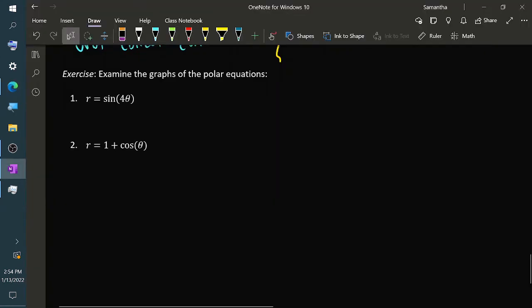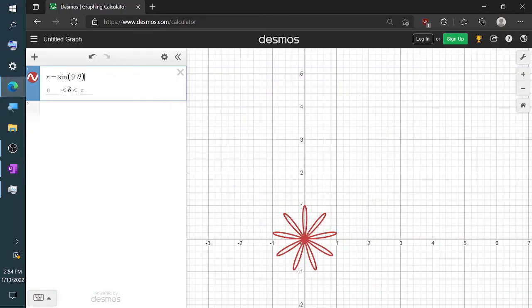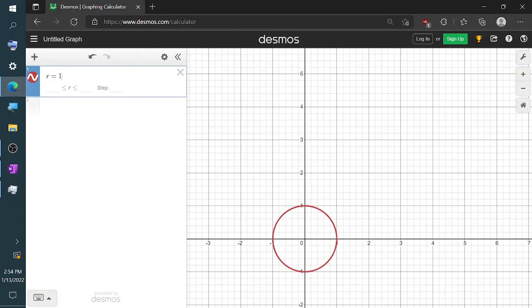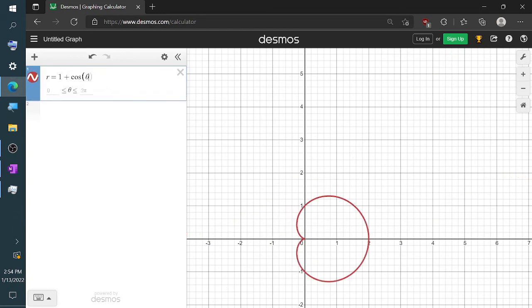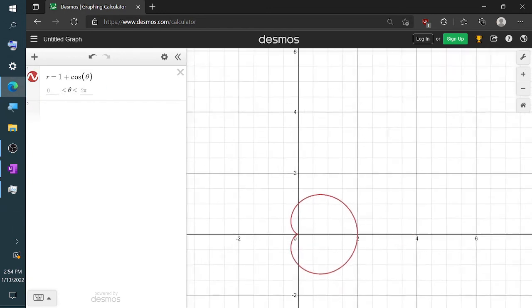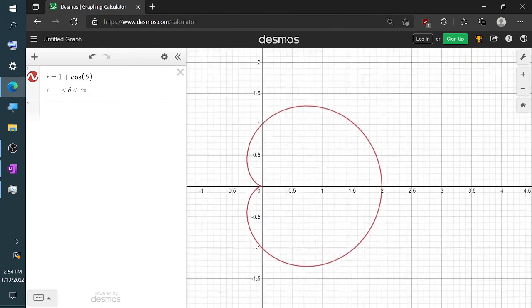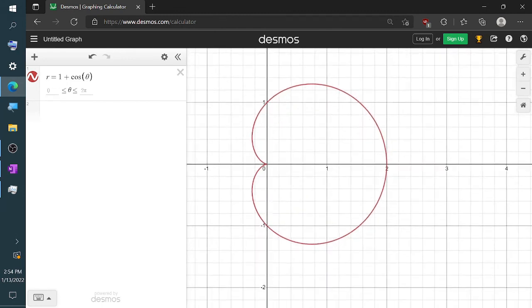Another graph of a polar equation that's kind of cute that we can look at together is what's called the cardioid. And that is the equation r equals 1 plus cosine of theta. So it's called a cardioid because it's meant to resemble a heart.